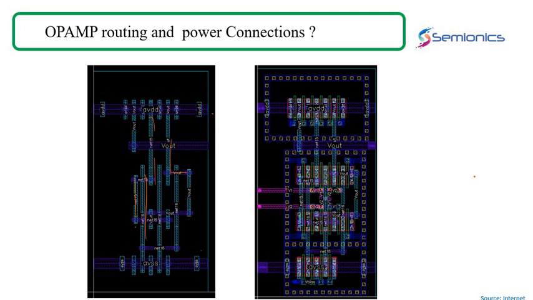So ensure your routings are symmetrical and the lines are running straight from top to bottom. And the power supply strip is on the device so that you don't add extra resistance when connecting to the device. All in all, the layout looks like this. So that's all about making connections to the op-amp.